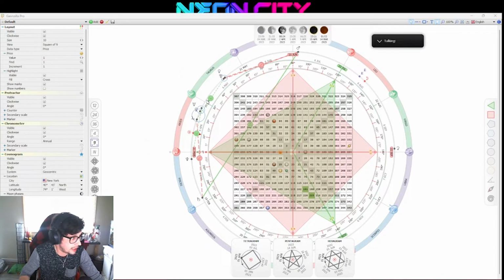So this is Ganzilla, guys. As you see, we got astrology here on top. We also got this square in the middle. This is called, I'm blanking out. Gann's master, what was it called? Master cycle, I think. Master price and time chart. That's what it was.